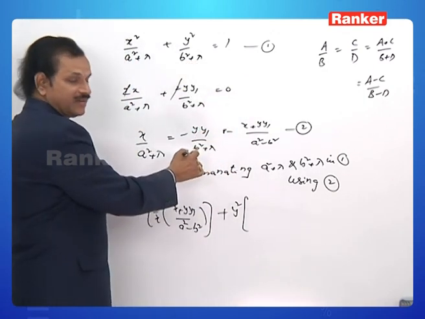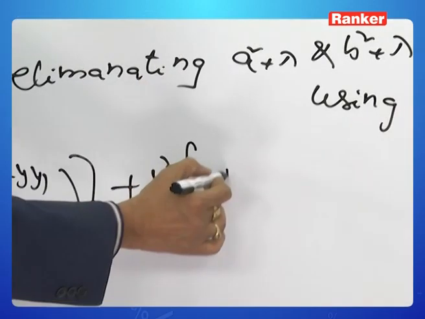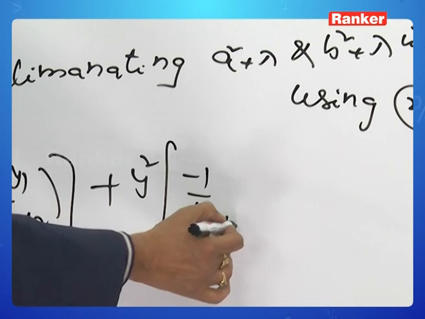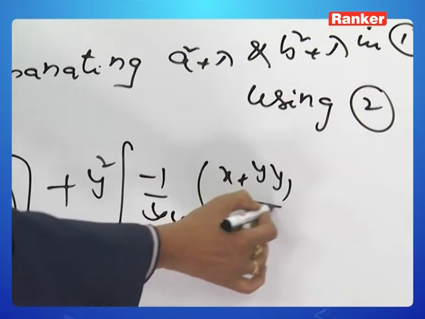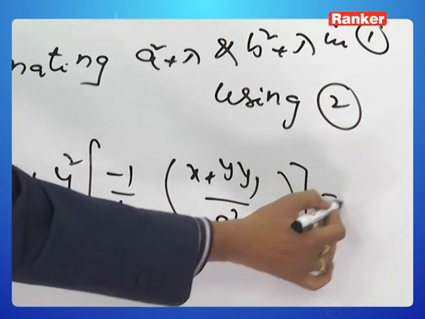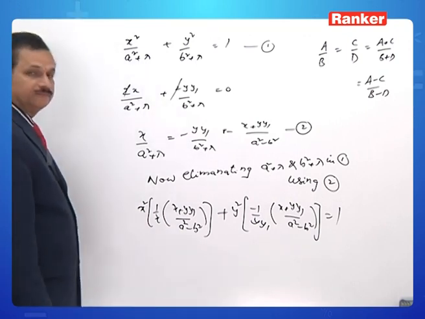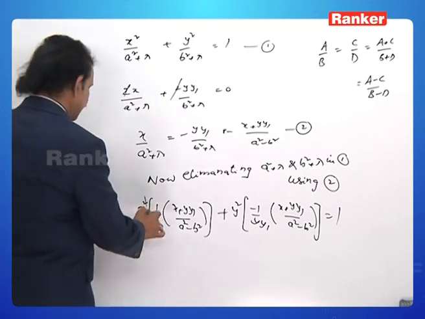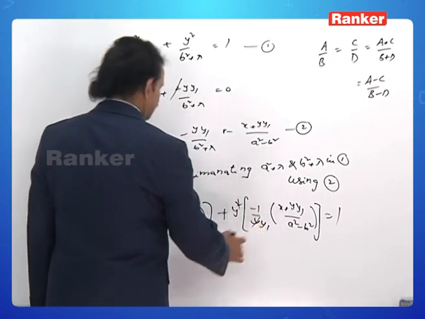Minus y1 goes this side, minus 1 by y1 into x plus y1 by a square minus b square is equal to 1. Well, here 1x will be cancelled, here 1y will be cancelled.